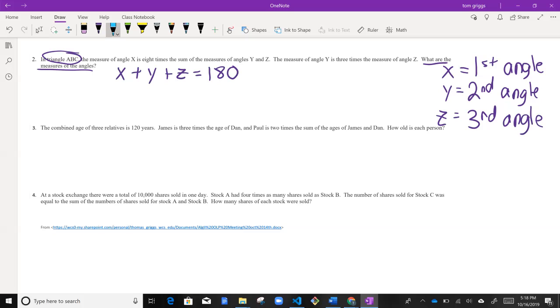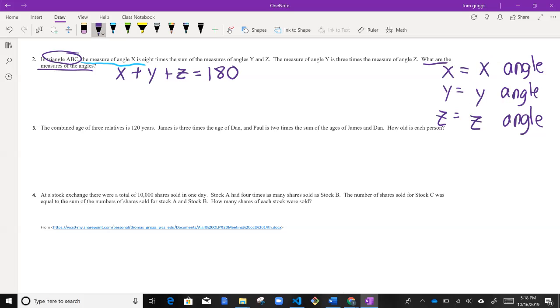We can read through the question to get the other two angles. The next thing it says, the measure of angle X, and I just realized they're using X, Y, and Z. So we'll just say X is the X angle, Y is the Y angle, Z is the Z angle.